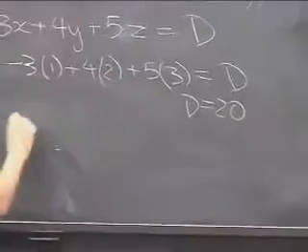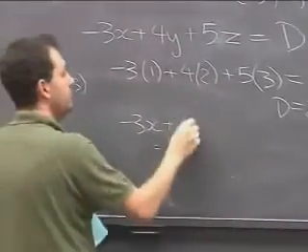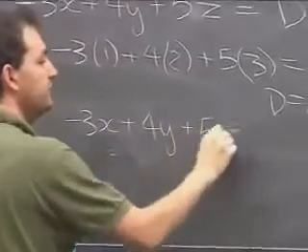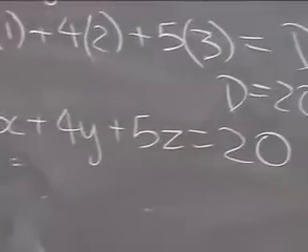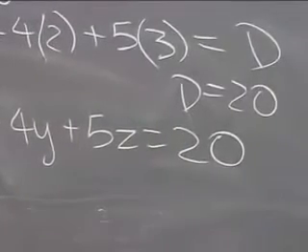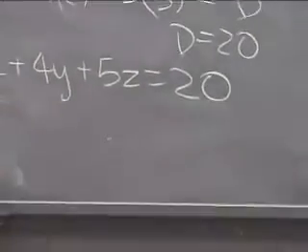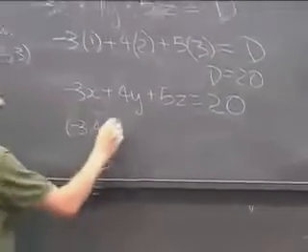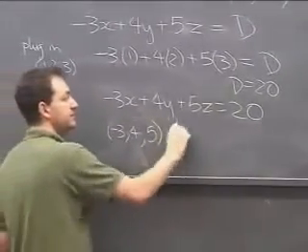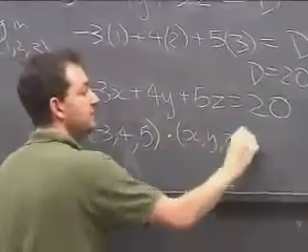So the equation is -3x plus 4y plus 5z equals 20.